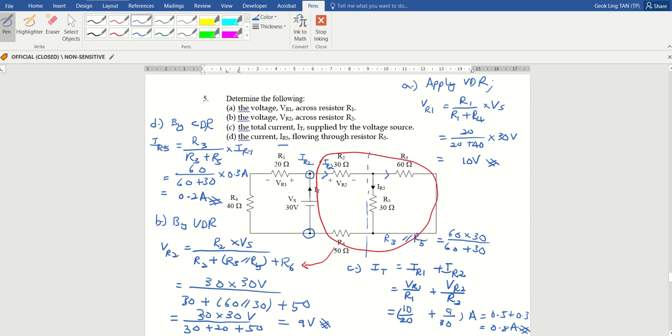You can always check whether your answer is correct. If, let's say, due to some calculation error, you notice IR5 is more than IR2, then something is wrong with your calculation. You go and check. Okay, so remember current entering the node is equal to the total current leaving the node.